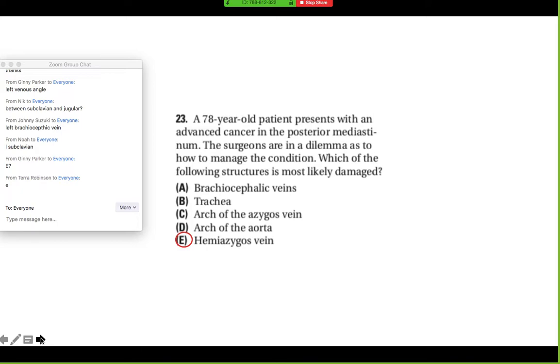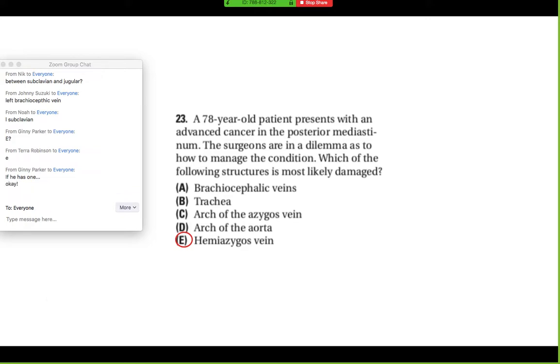Yes, correct, it's E. You're just going to answer that by thinking about which structure is located most posteriorly. I think you're thinking of accessory hemiazygous. As far as I know, most people have a hemiazygous, but it's the accessory that a lot of people are missing. So answer this by thinking, which structure is most posterior in the thoracic cavity.